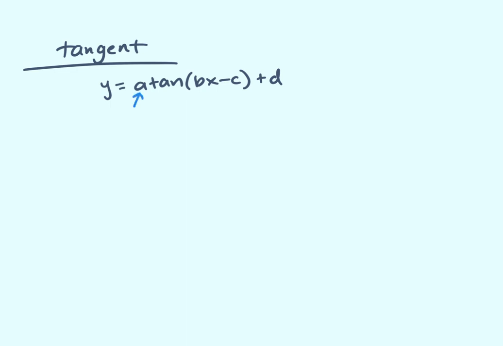So A determines, there's no longer amplitude on these, A determines how high and low you plot the quarter point. So we plot this on the y-axis still. So 1, find A. 2, find B. And then get the period from there, which is pi over b instead of 2 pi over b. That's different.